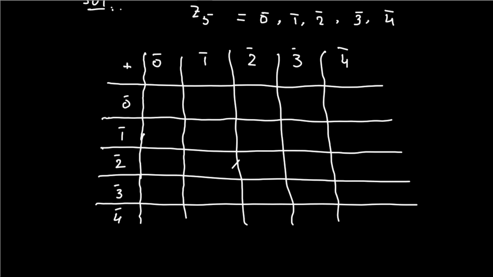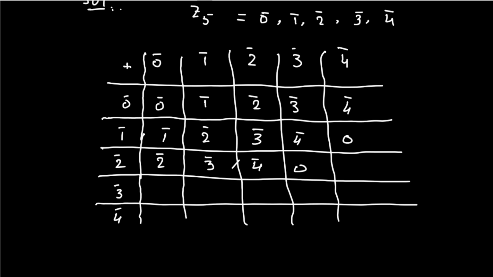So under addition, 0 plus 0 will be 0, 0 plus 1 is 1, and then 2, 3, and this is 4. Similarly, 1 plus 0 will be 1, and then 3 and 4, just like 0, 3.